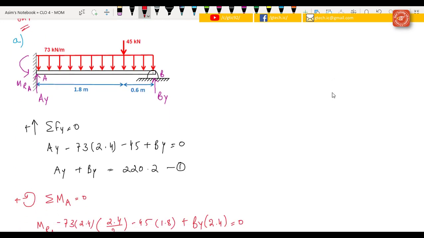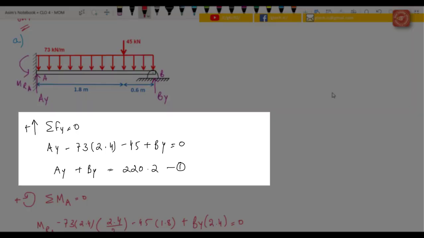So first of all, we have to find the reaction forces, that is Ay, that is acting upon here due to this fixed position at A, and the reaction force By is acting here at point B due to this pin support, and the moment is acting anti-clockwise, that is Mr at A. So according to equilibrium condition, first find the forces in the y direction, and we take the forces in the upward direction as positive.